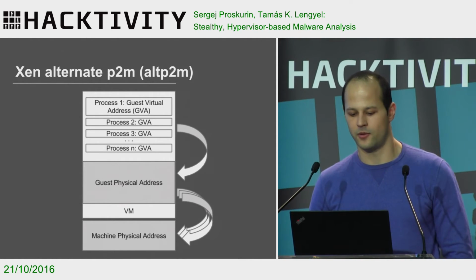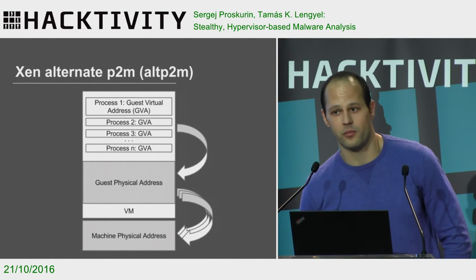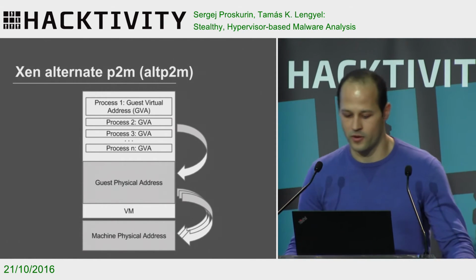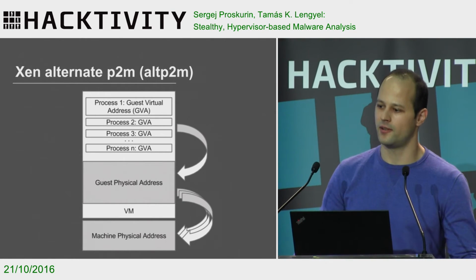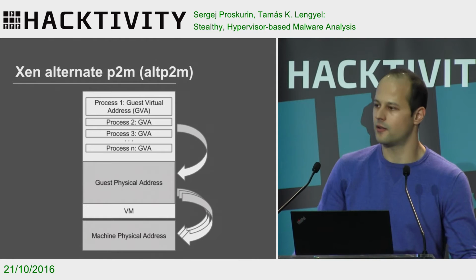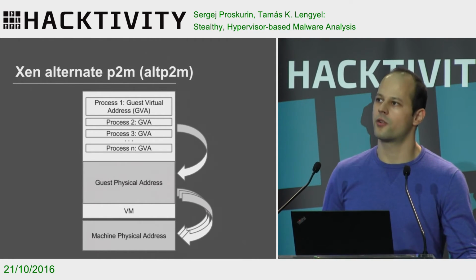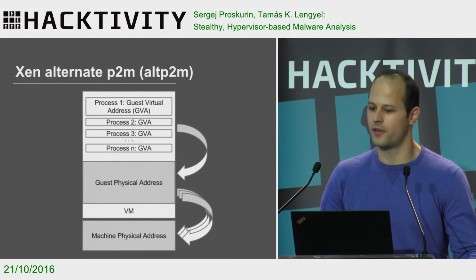This allows us to provide different mappings and also different memory permissions in the individual EPTs for the guest virtual machine's memory view. This means you can simply say that Xen alt P2M allows you to define, or rather control, the individual memory views of the guests.